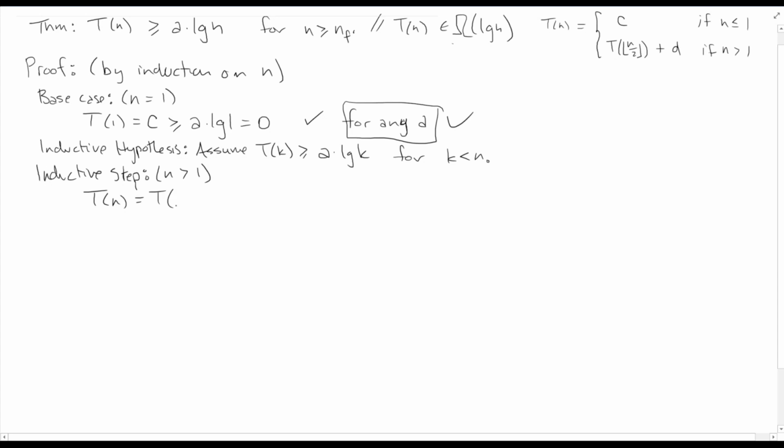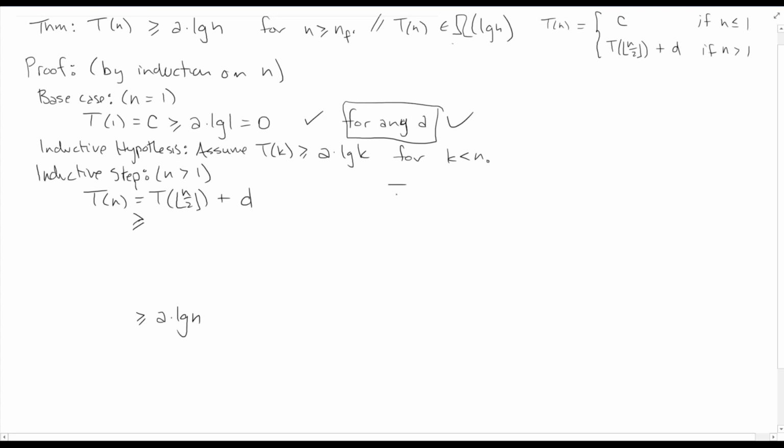What is our t of n equal to? Looking over at our definition, we can see it's the t of the floor of n over 2 plus this constant d. And again, down below here, we probably want to get to greater than or equal to a times log n. That's what we're trying to prove. Let's use our inductive hypothesis here.